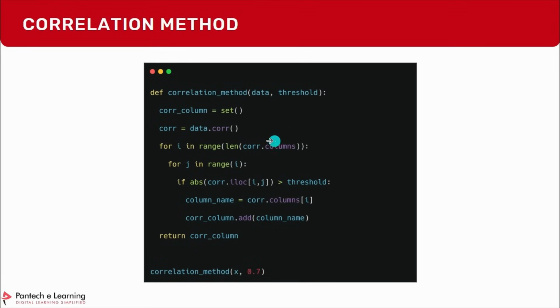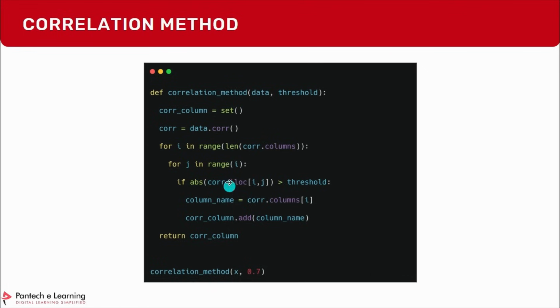If you have 6 columns in your correlation table, it will go from 0 till 5. Like that, you can go one by one, each row and each value from that table can be taken and used here to check the correlation.